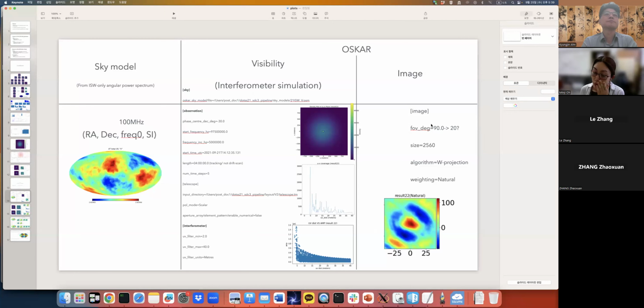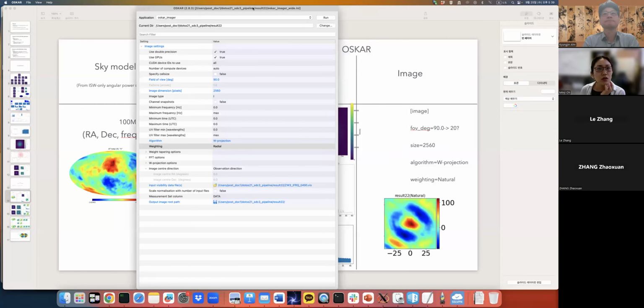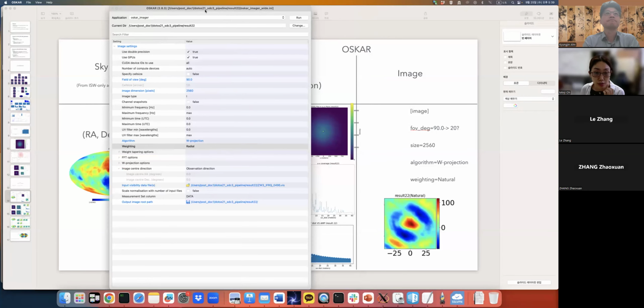I think it's also an input when you generate the visibility. In this interferometer simulation, there must be one option you can choose to determine the beam pattern, reading some file to simulate it. To get some very direct comments, maybe we can share this one.